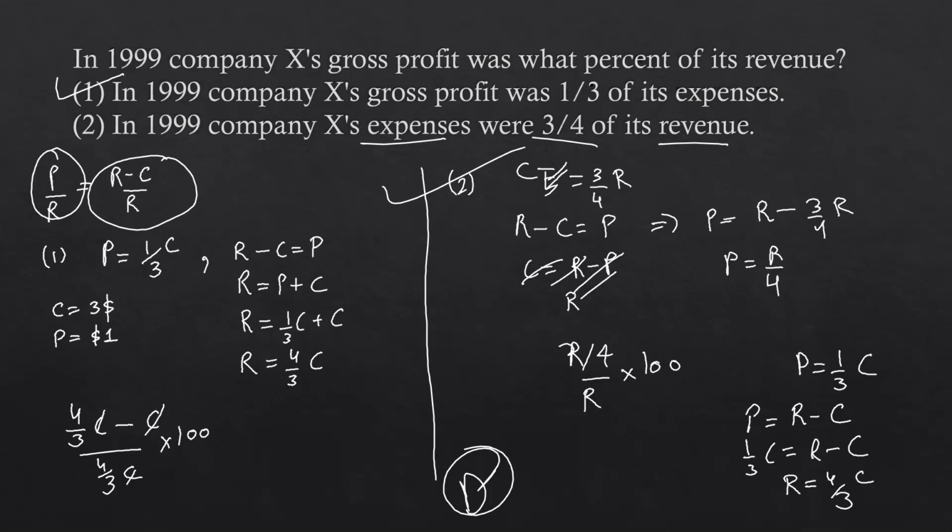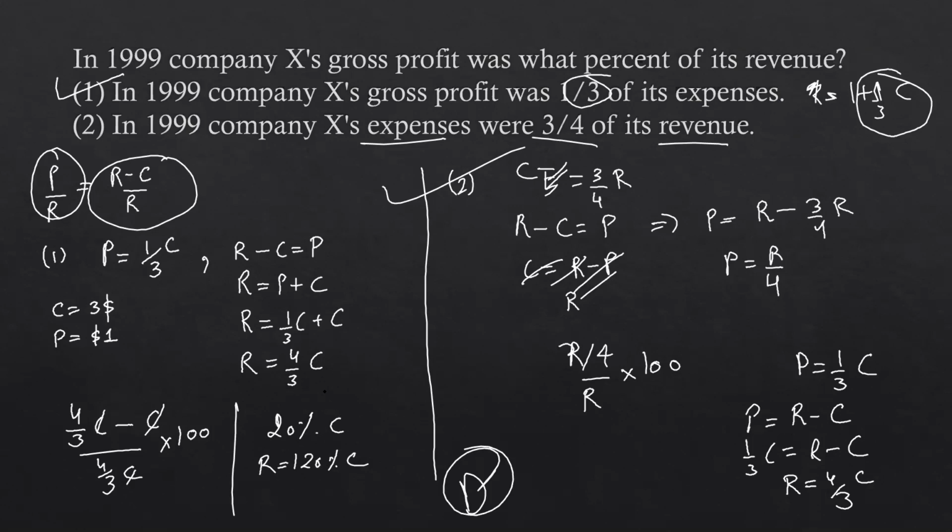right? So if I'm making 1/3 of my expenses, that means my revenue has to be 1 plus 1/3 of my expenses, right? Like if you are earning 20% of your cost, then your revenue has to be 120% of your cost.